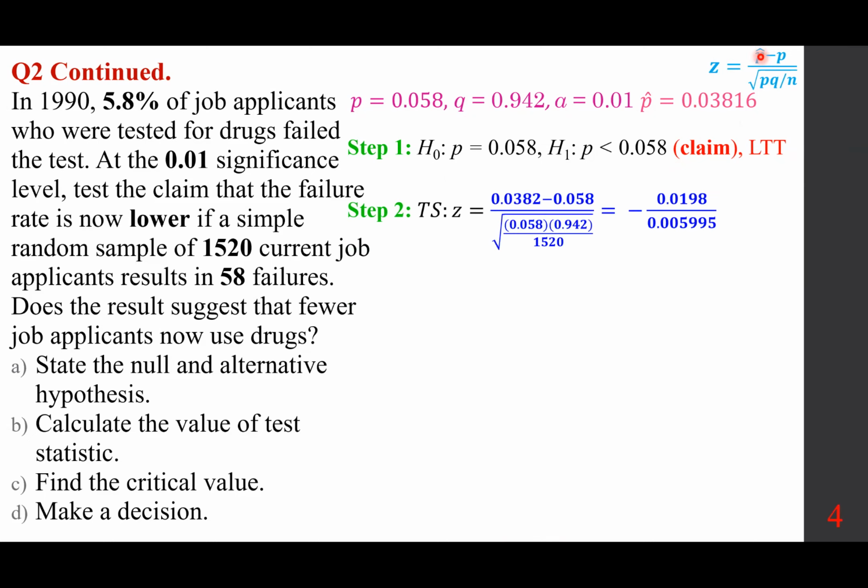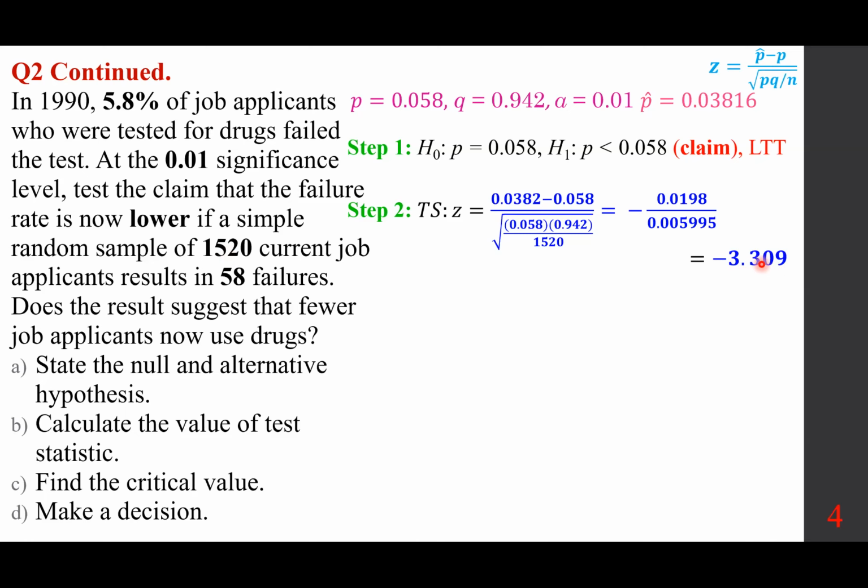So P hat, we have it here, minus P over the square root of PQ over N. We get negative 3.309.